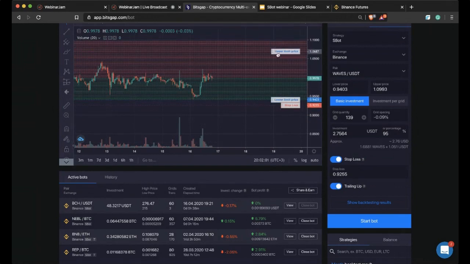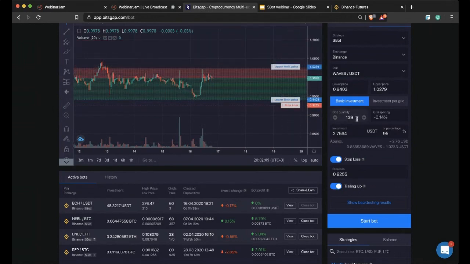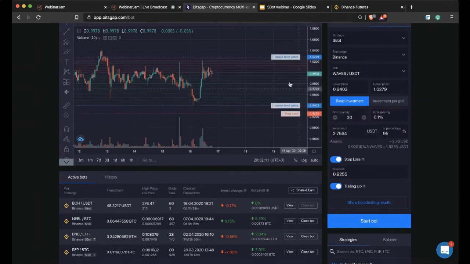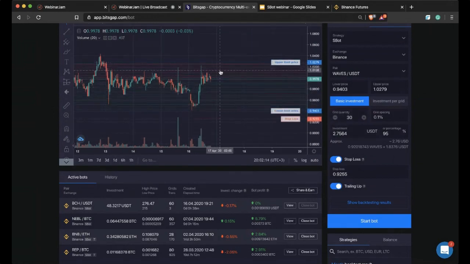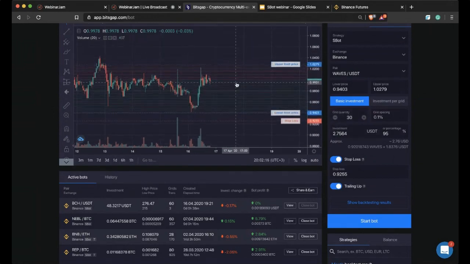But if I, let's say, would have a narrow sell zone with only 30 grids, see that in this case I must have more of the quote currency to initiate the bot rather than the base currency, Waves.